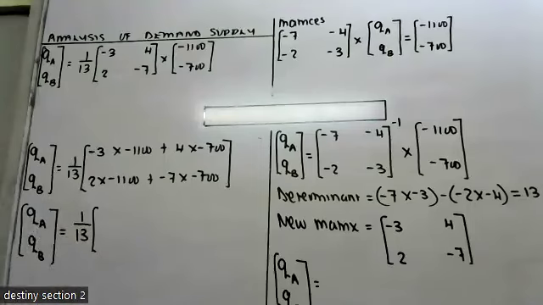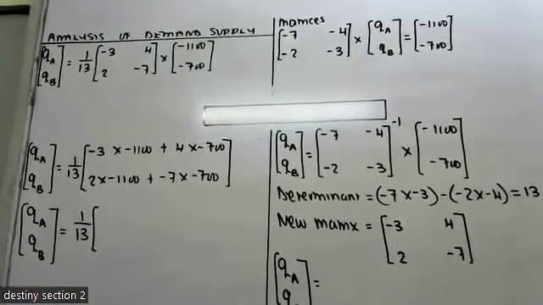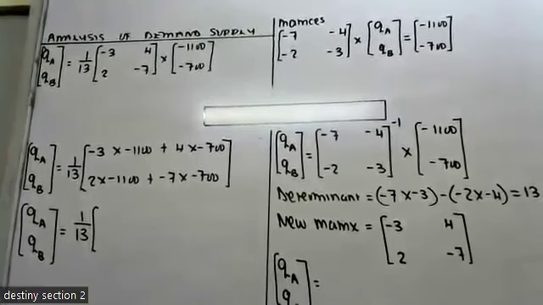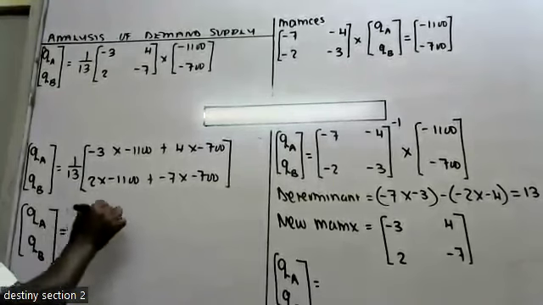So if I consult my calc, it will tell me that -3 times -1100 plus 4 times -700, I'm getting 500.